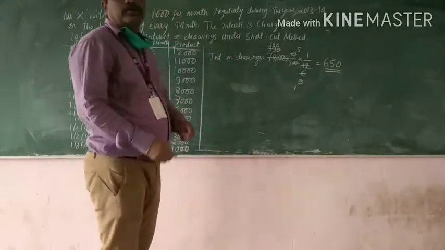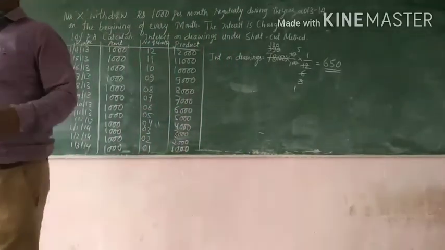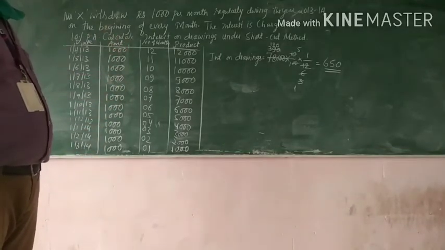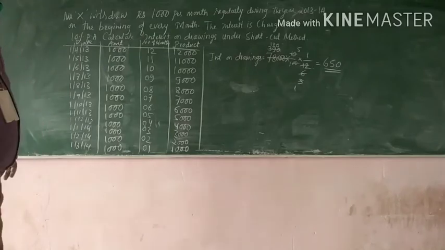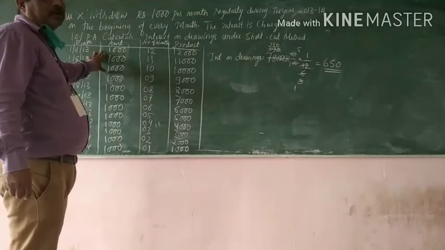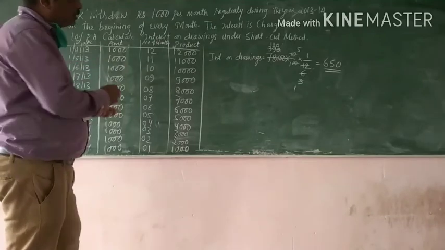So the solution of the problem will be so lengthy if you want to calculate interest on drawings under the product method. But if such problems are there, you can opt for the shortcut method.